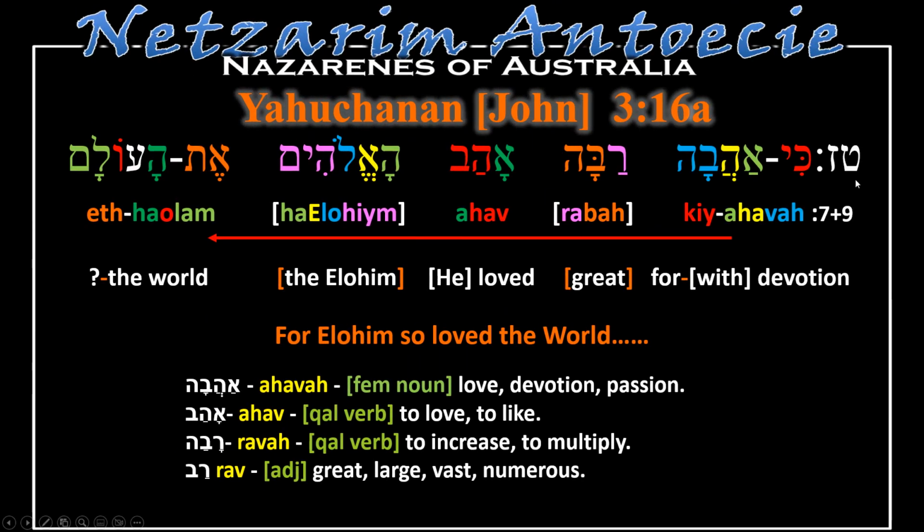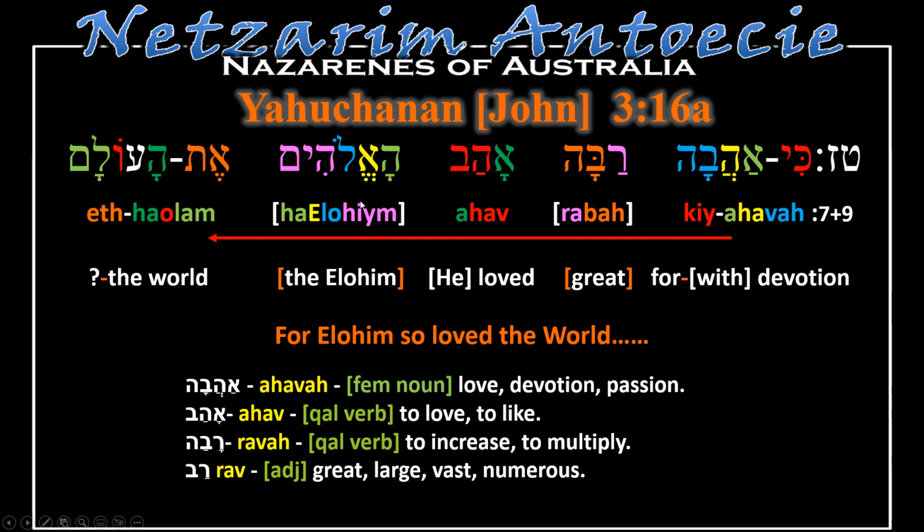And we come to 16. It's represented with the tet, which has a value of 9, being the 9th letter of the alphabet, and zayin, which is the 7th letter of the alphabet. And we have kaf, yod, aleph, hey, vet, hey, resh, bet, hey, aleph, hey, vet, hey, aleph, lamed, hey, yod, mem sofit, aleph, tav, hey, ayin, vav, lamed, mem sofit.